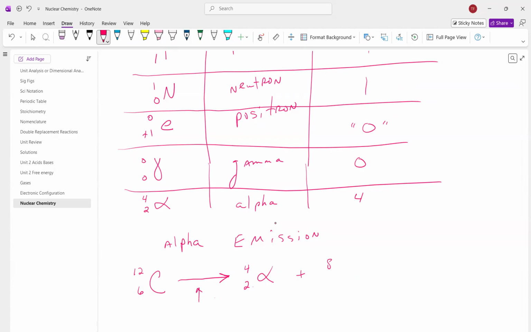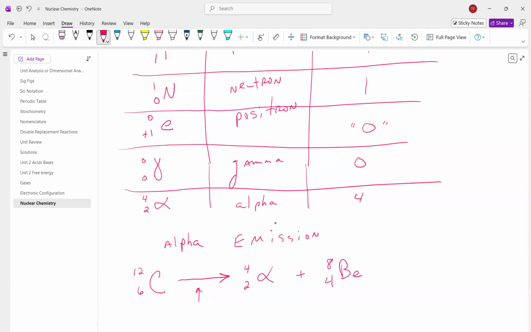And then what's left. And what's atomic number 4 up there? The top number. What is it?